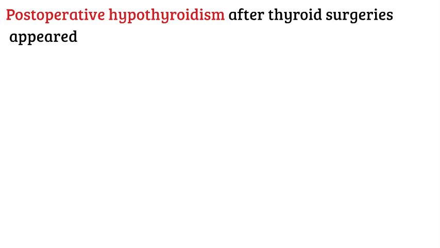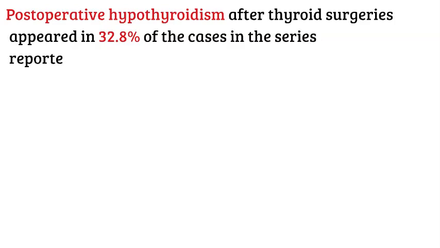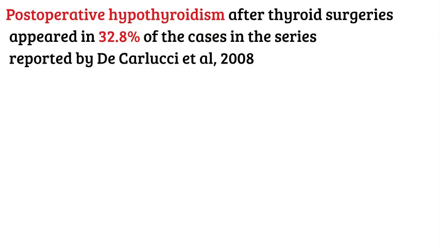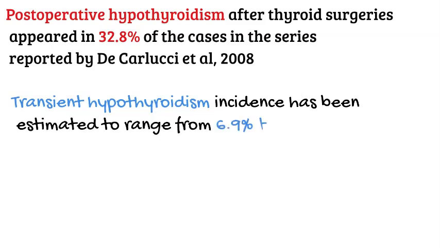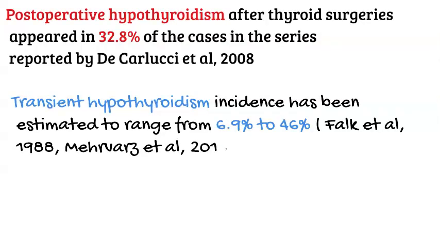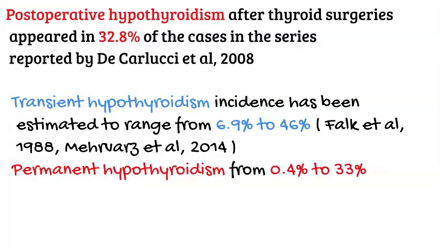Postoperative hypoparathyroidism after thyroid surgeries appears in around 32.8% of cases in the series reported by Di Carlucci et al. 2008. Transient hypoparathyroidism incidence has been estimated to range from 6.9 to 46%, by Ellis et al. 1988 and Morse et al. 2014.